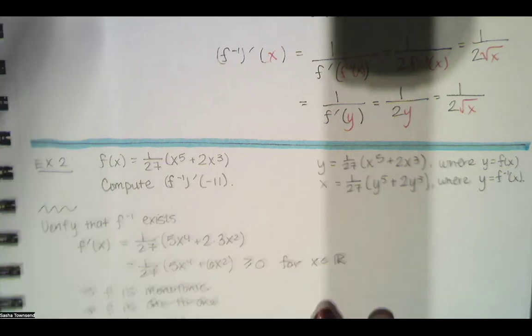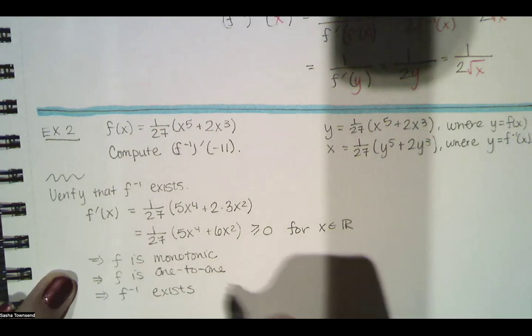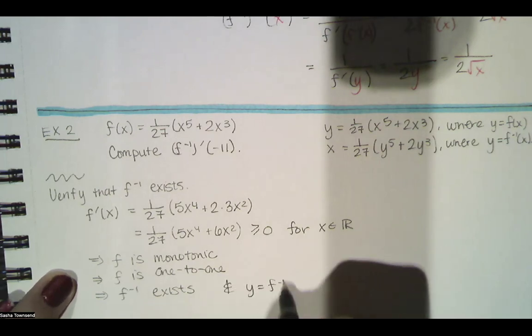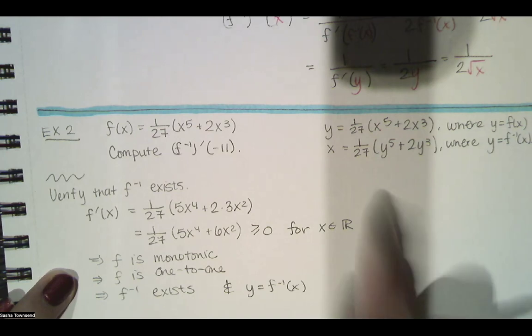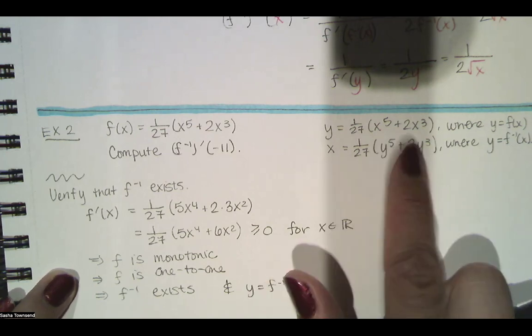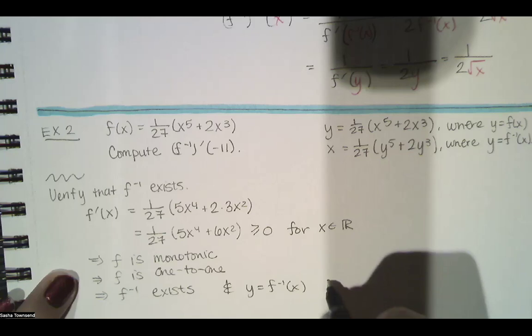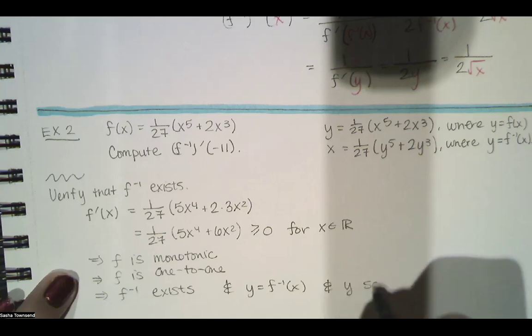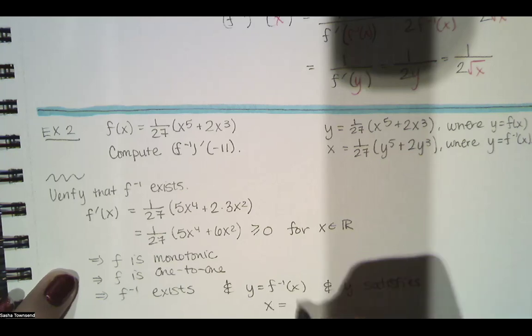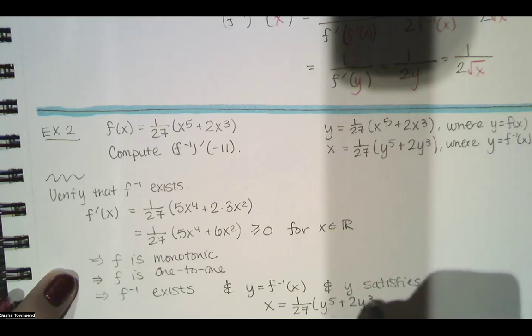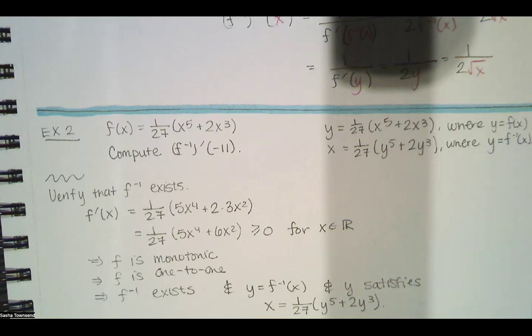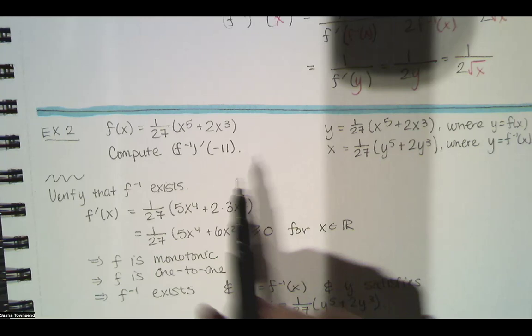So we know that f inverse exists, and y equals f inverse satisfies the following relation. It's the equation that we get when we switch the roles of x and y. Okay, so we know that that's true.